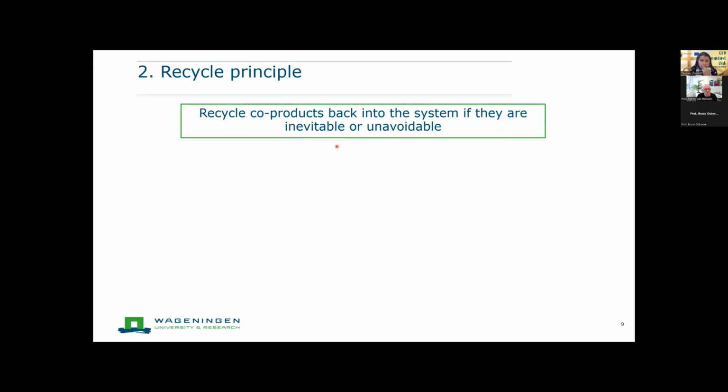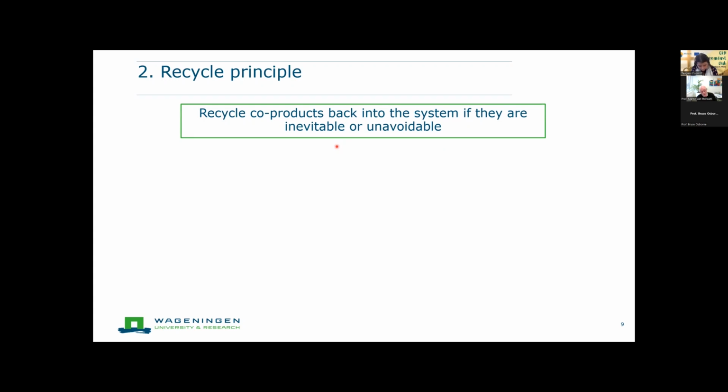The second principle: recycle co-products back into the system, the co-products that cannot be avoided because they simply come with producing crops, or with processing products in our industry, or with food waste or food losses. Recycle these back in the system with the right prioritization.